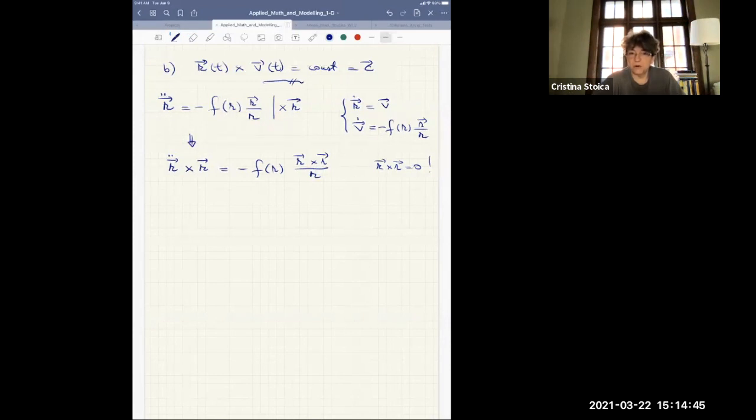What does the cross product mean? If you have two vectors, I remind you from multivariate calculus, I do this one times this one, it is the vector given by the right-hand rule, perpendicular to the given two.